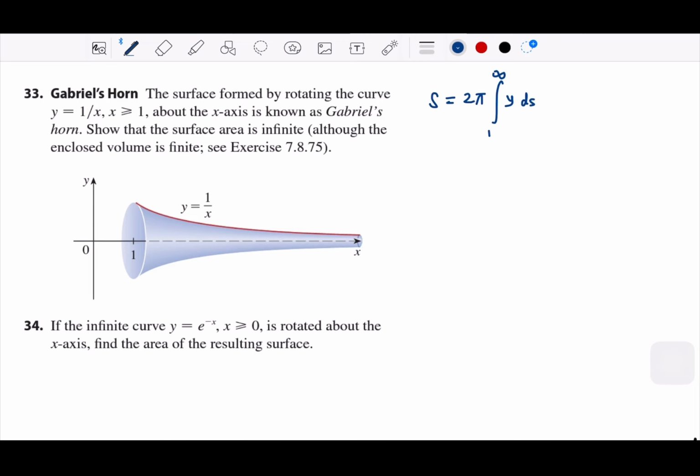And we know that we have y equals 1 over x. You could try both: y equals 1 over x, or x equals 1 over y. But I will start with y equals 1 over x.